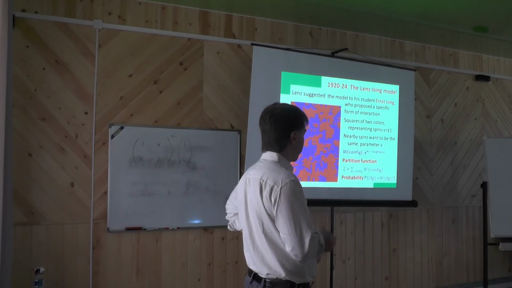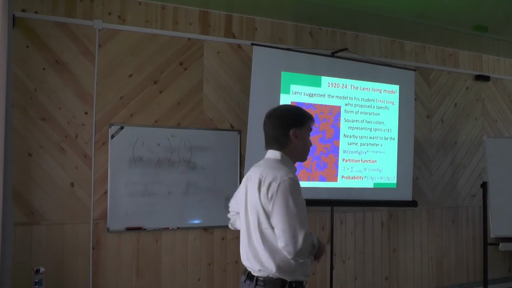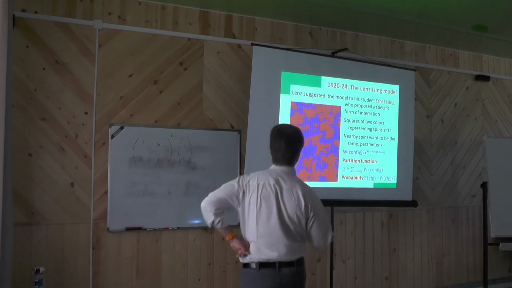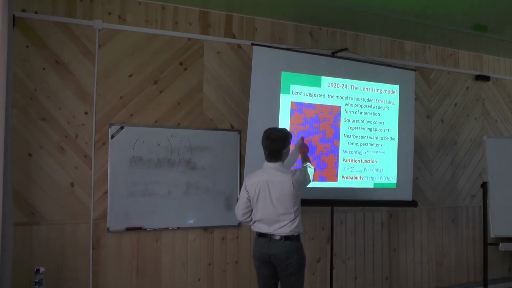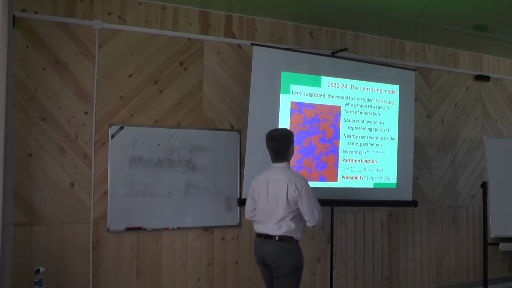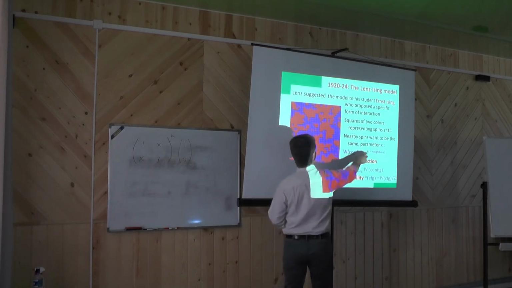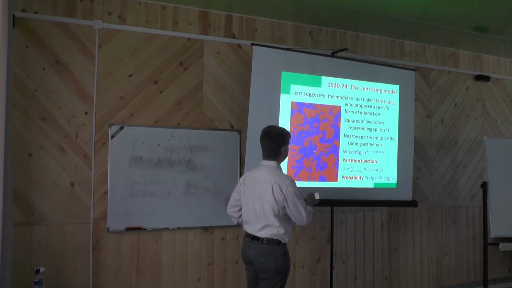So the weight of a configuration is x to the power of the number of neighbors which are of opposite color. For example, these two neighbors are red and blue, so you get x to the power 1 here. This red square has 4 blue neighbors, so you get x to the power 4. Or, for example, on the whole perimeter of this red cluster, each step adds you 1.